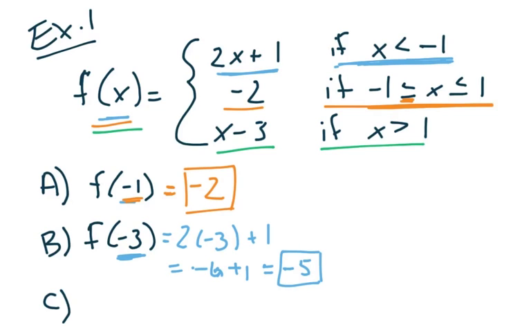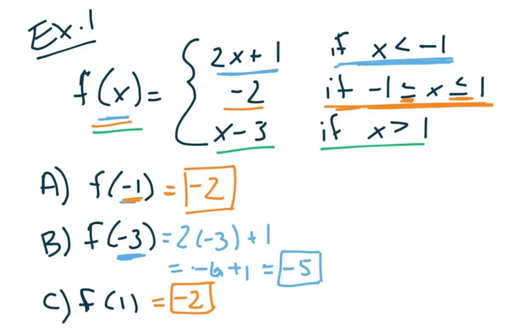Let's do another. We'll do f of 1. So we have to figure out where 1 is. And in this case, because of this equal to, x is less than or equal to 1, we want to use this middle one. And again, that means it's just equal to negative 2.